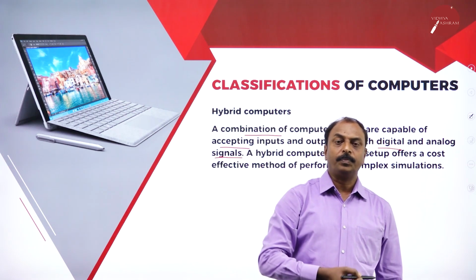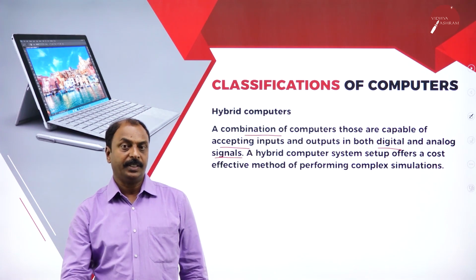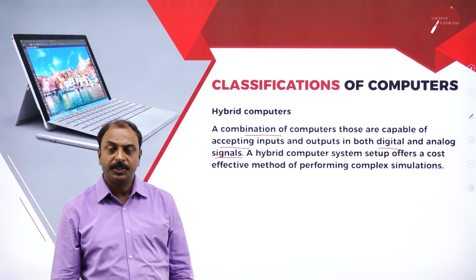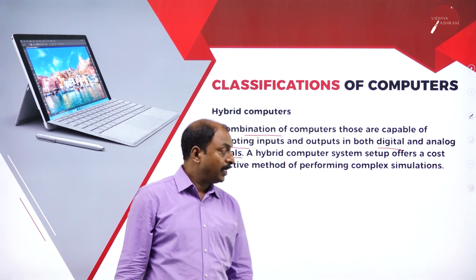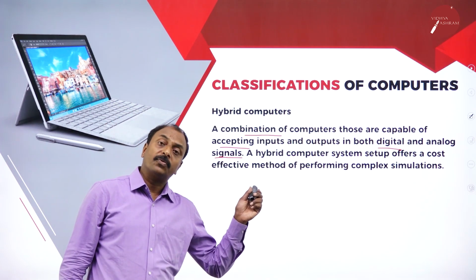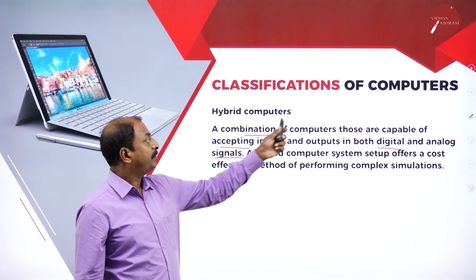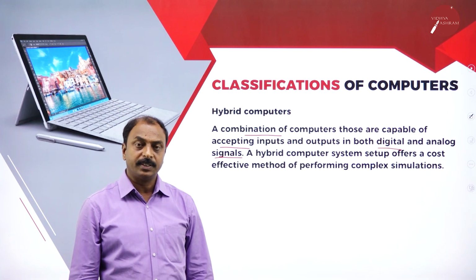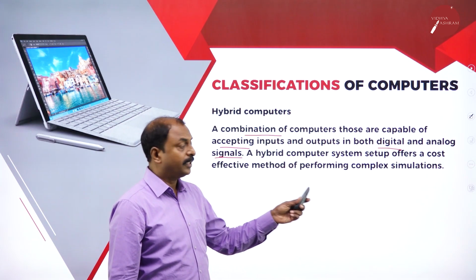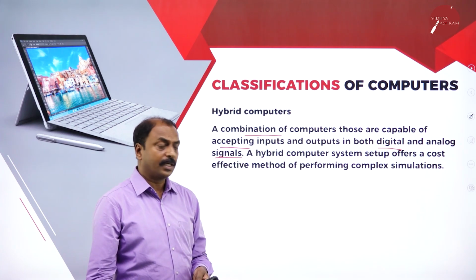As we have seen in our previous slide, an analogous computer used to work with only analogous data, in the form of signals or graphs. But a digital computer used to work with digits, zeros and ones. As a hybrid computer is a combination of analog and digital computers, it works with digital data as well as analogous signals or analogous data.